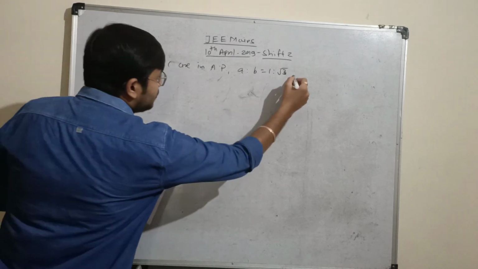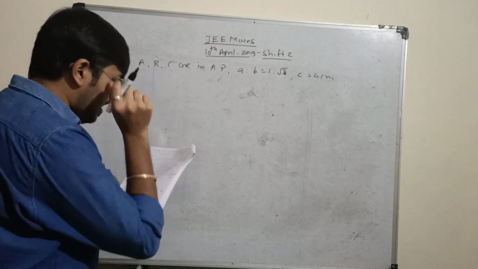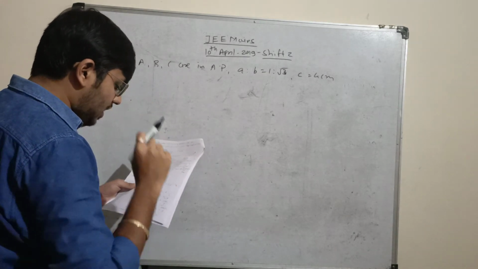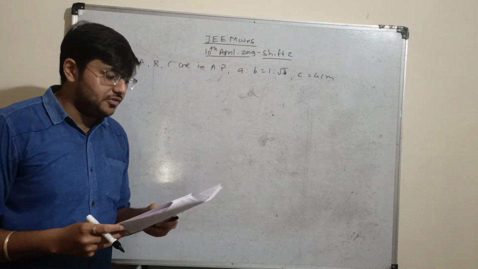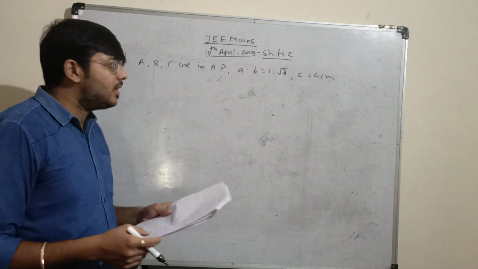If c is equal to 4 centimeter, then we have to find the area of the triangle. We want to find the area of the triangle, right?